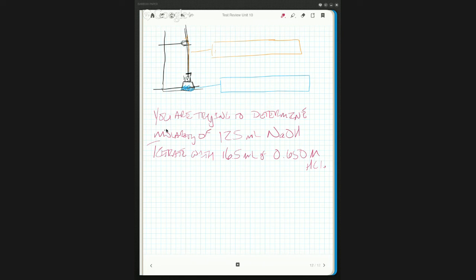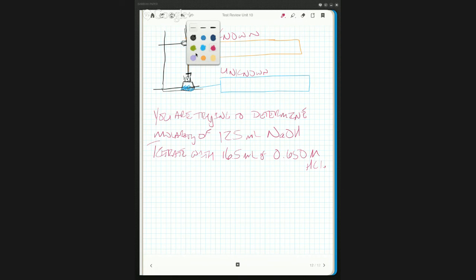So you've got to go through all the steps to get this. What are you going to put where and with what order? The first thing, if you remember, is that your known you should put in the burette, and the unknown you're going to put in the Erlenmeyer flask.